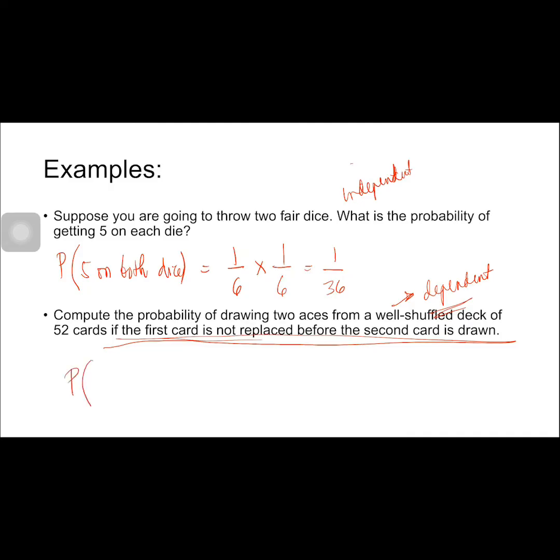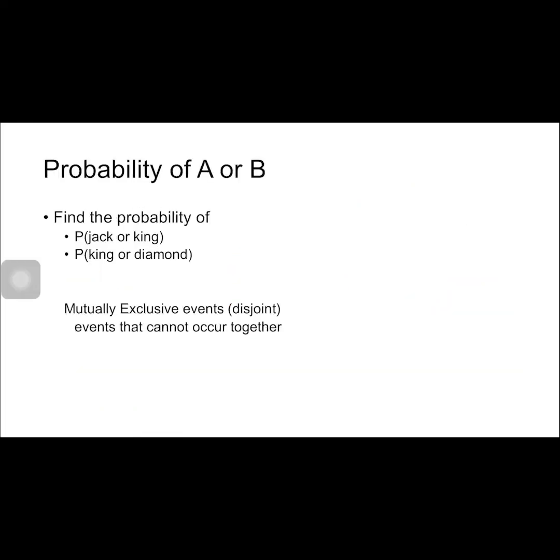We have the probability of getting an ace on the first draw is 4 out of 52, times, since the first card is not replaced, let us assume that the first card is an ace, so this will be 3 over 51. So this is equal to 1 over 221.